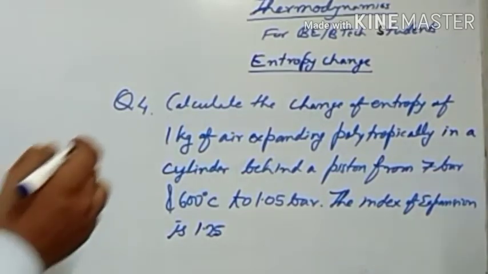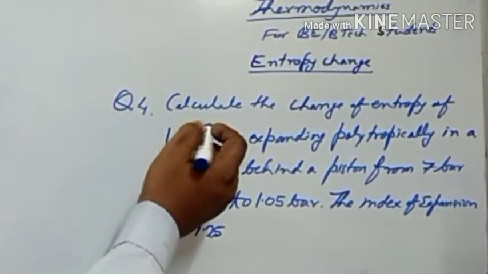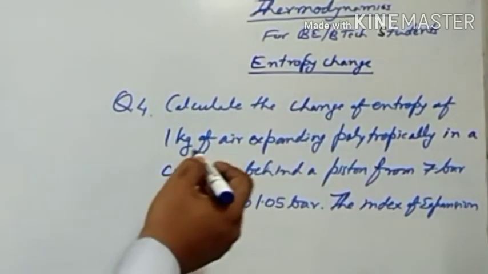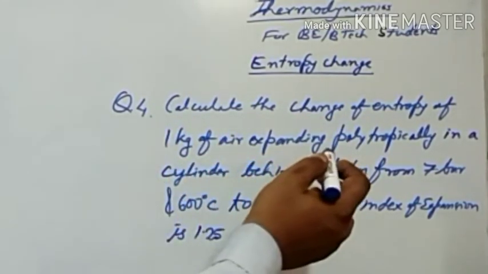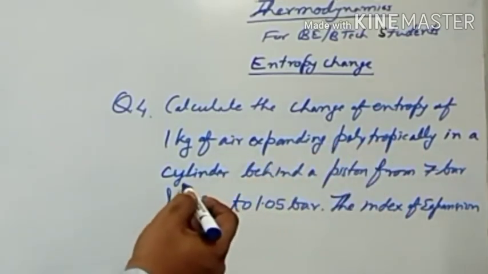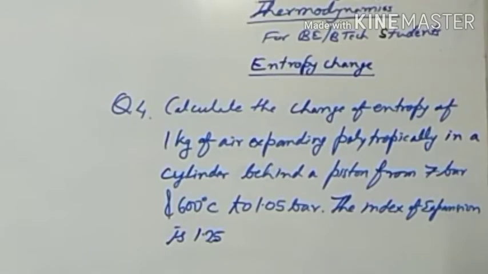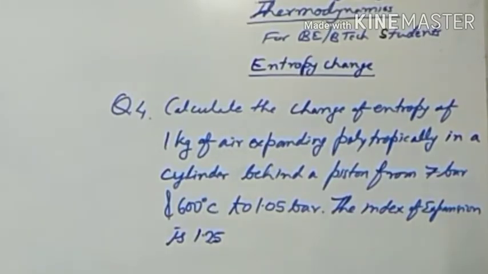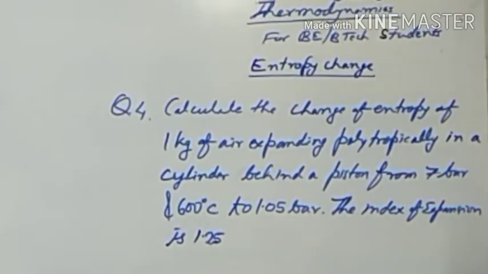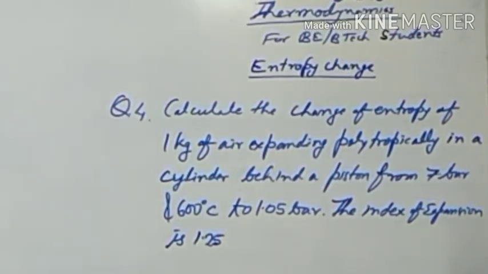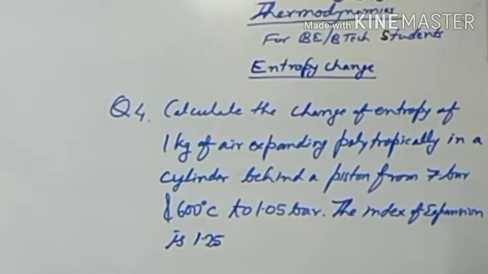Let us take another question to find the change in entropy. Calculate the change of entropy of 1 kg of air expanding polytropically in a cylinder behind a piston from 7 bar and 600 degrees centigrade to 1.05 bar. The index of expansion is 1.25.